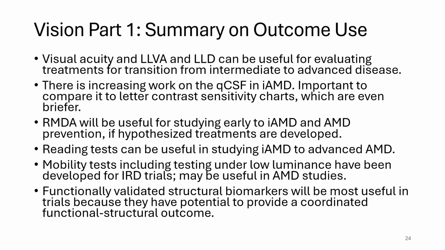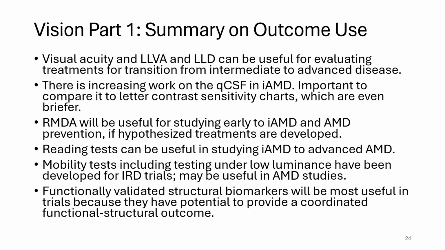Now I'd like to summarize the Part 1 vision presentation. First, visual acuity, low luminance VA, and low luminance deficit can be useful in trials evaluating intermediate to advanced AMD. Recently, there has been increasing work on the quantitative or quick CSF in intermediate AMD.